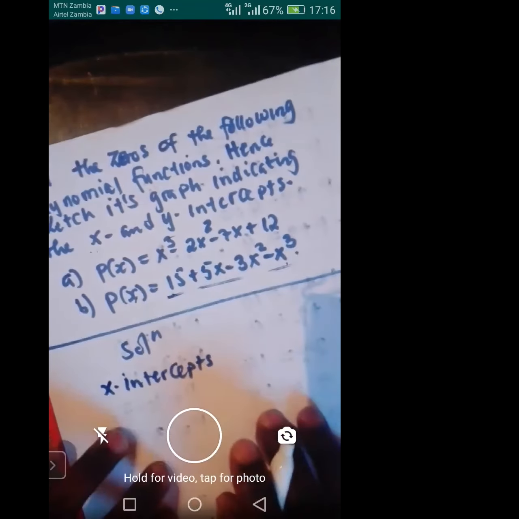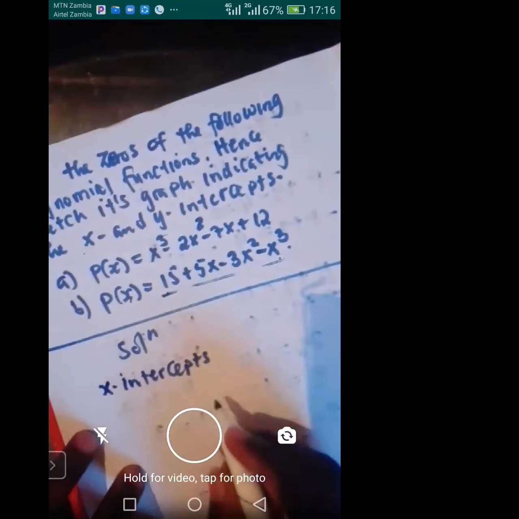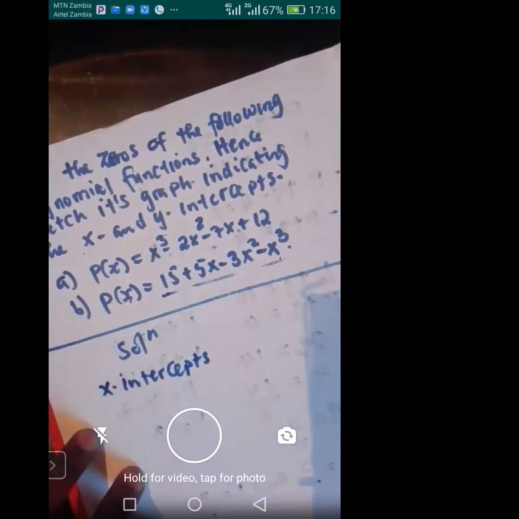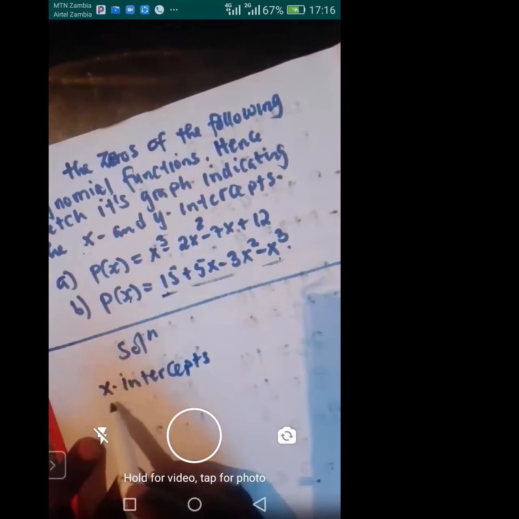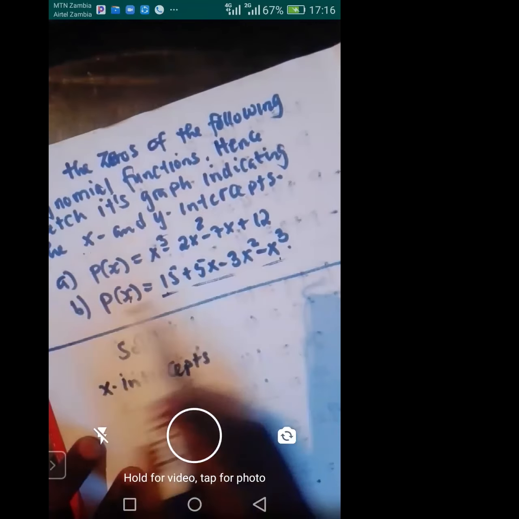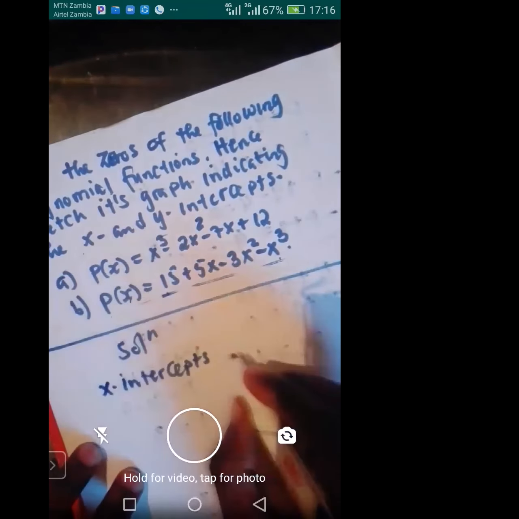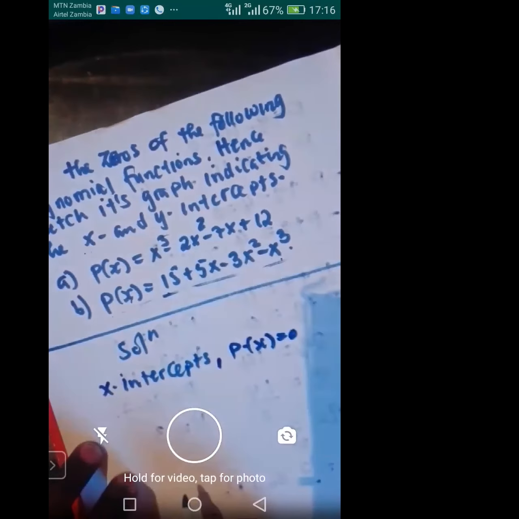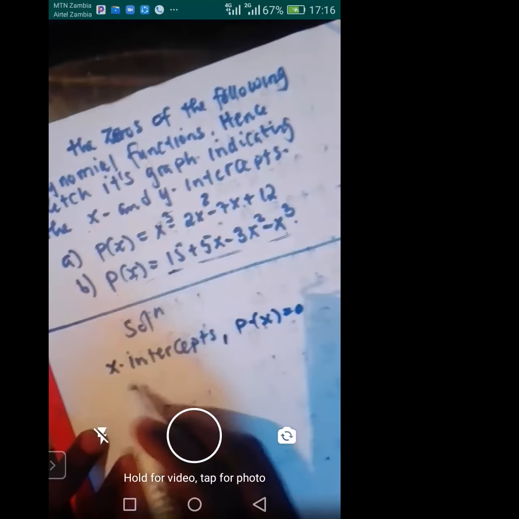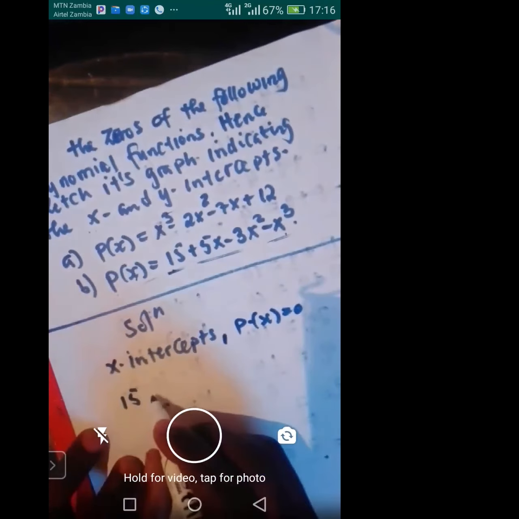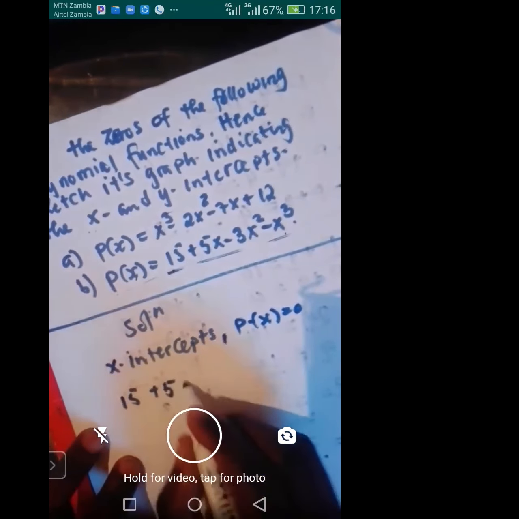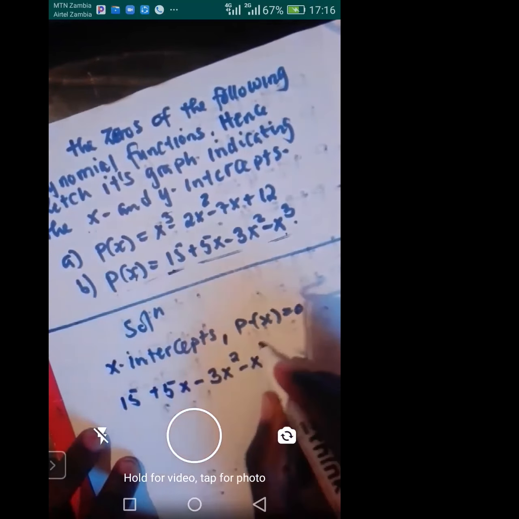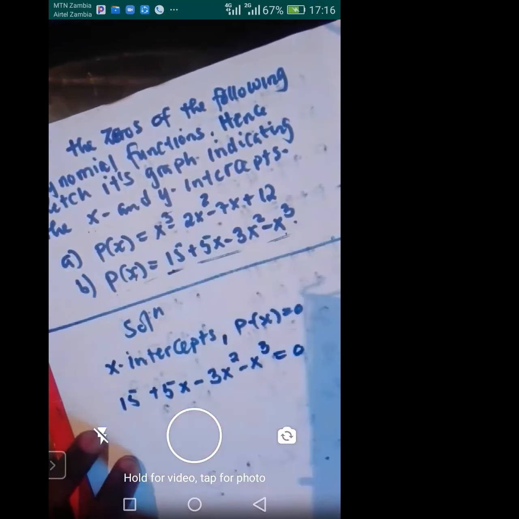So the x-intercepts, we said in the x-axis, y is 0, so you equate p of x to 0, which simply means you equate 15 plus 5x minus 3x squared minus x to the power 3 to 0.